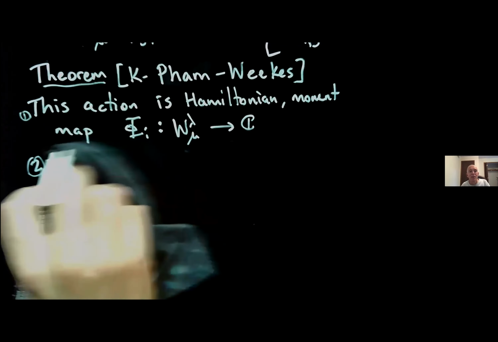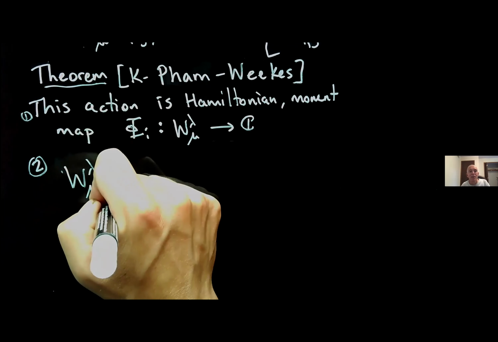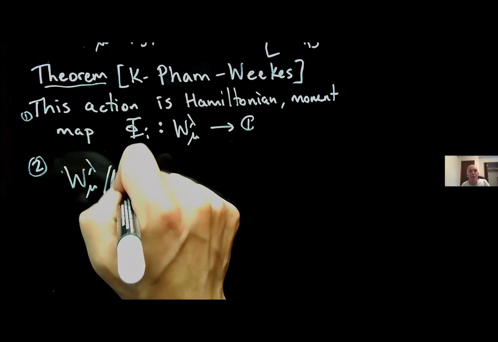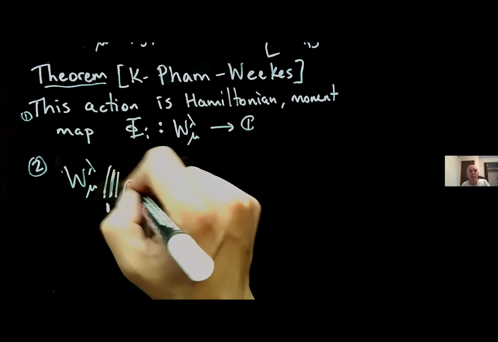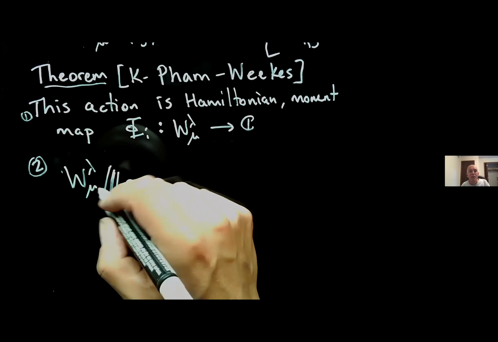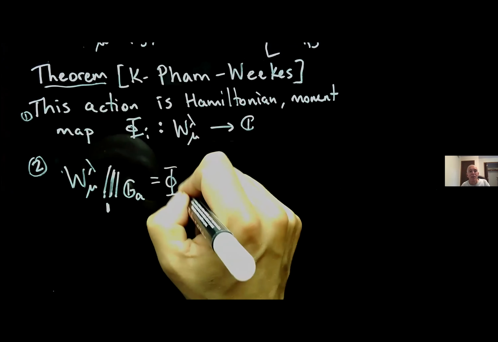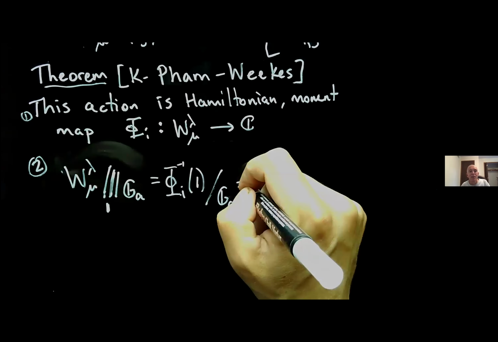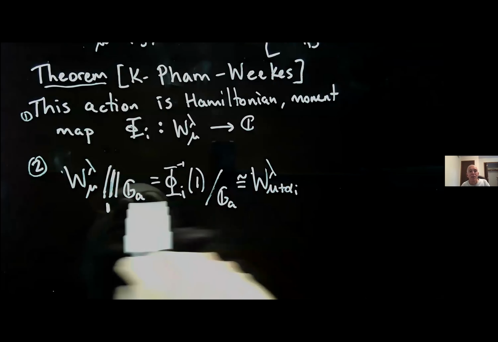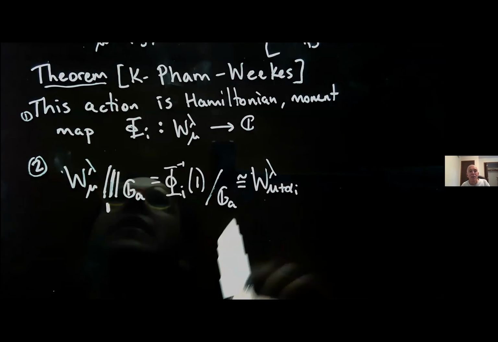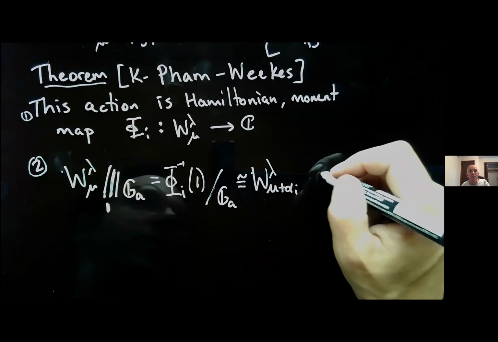If I take the Hamiltonian reduction at the moment map level 1 by the action of this G_a, so it's like an algebraic, like a hyperkähler reduction, I take phi inverse of 1, and then I divide out by G_a. This is isomorphic to W lambda mu plus alpha_i. So that gives sort of the desired relation between W lambda mu and W lambda mu plus alpha_i.